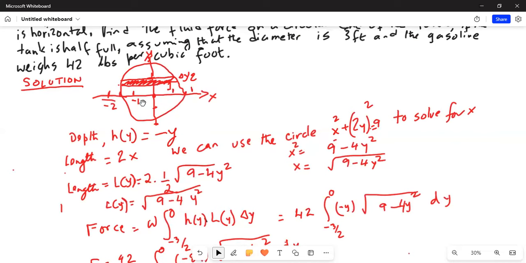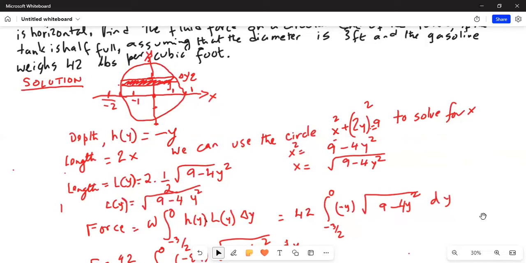We are below the horizontal axis by minus 1.5. That's why we start from minus 3 by 2 and we come up to the center 0, because the cylinder is half full. So the limits are from minus 3 by 2 to 0.